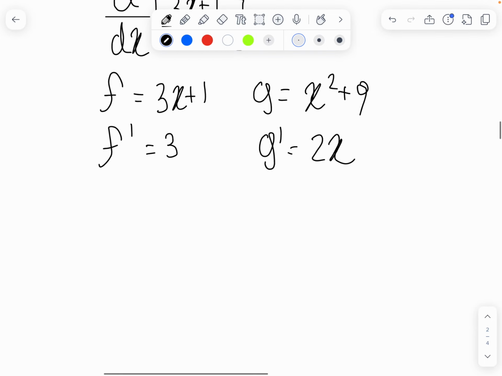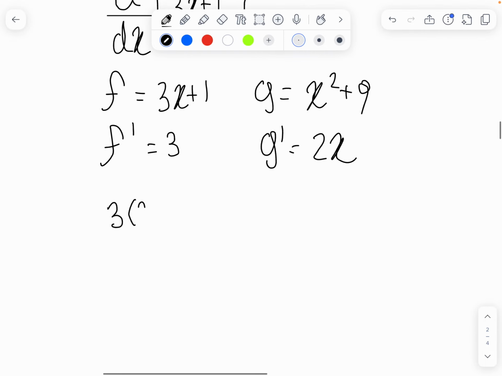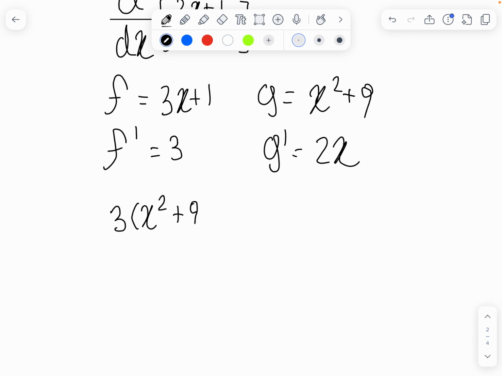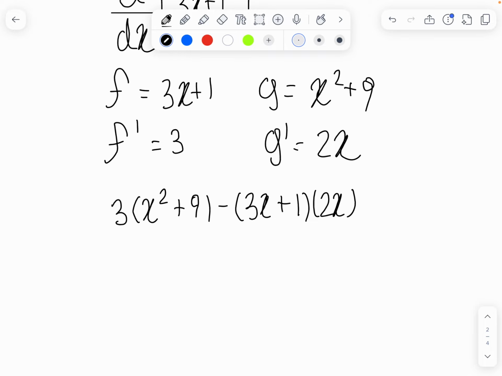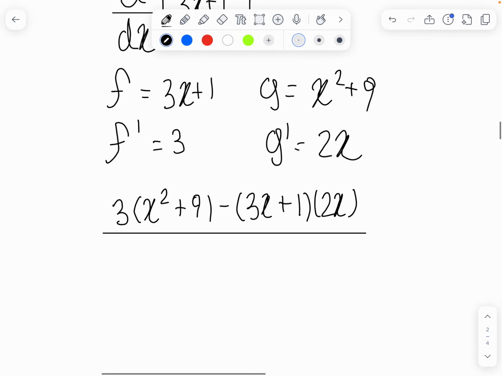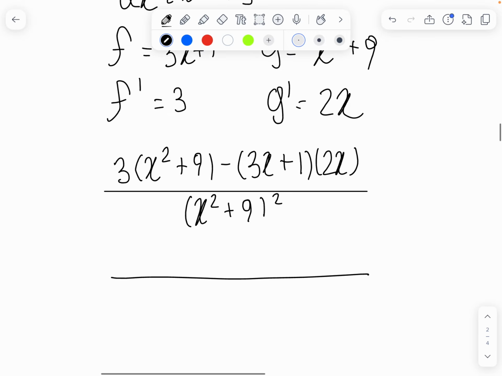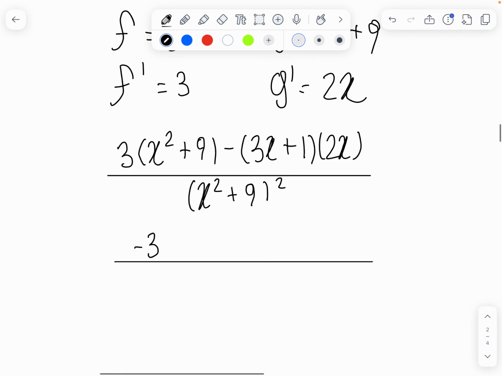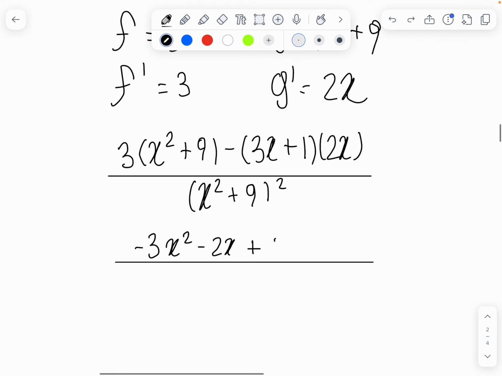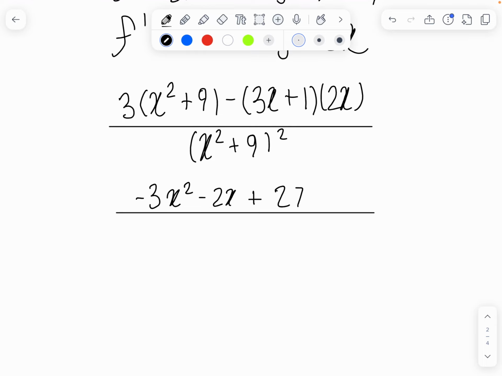And now let's plug into our equation, or our formula. Wait, did I skip a step?